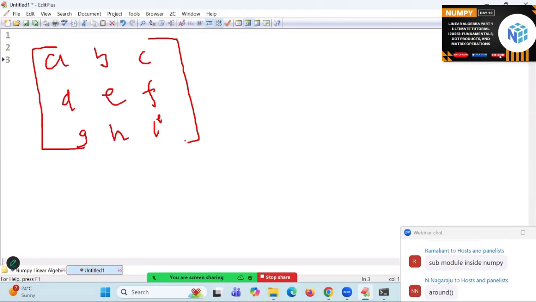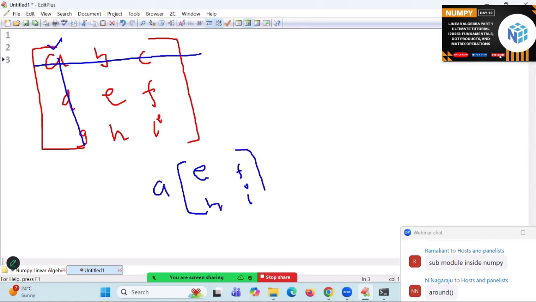How do you start? The 2 by 2 matrix is very simple. So I'm going to take up this A. With A as the target, this row and this column will be taken off. What is this now? A of E, I, F, H. This is one thing. Next, minus. Why use minus? There is one big theorem, and you need not worry about the theorems.